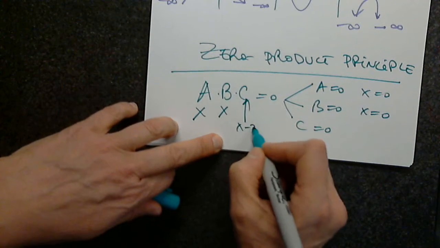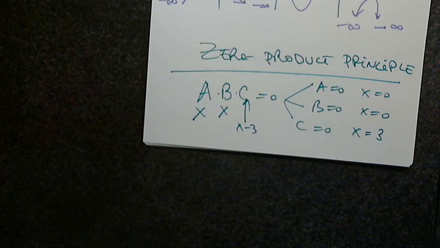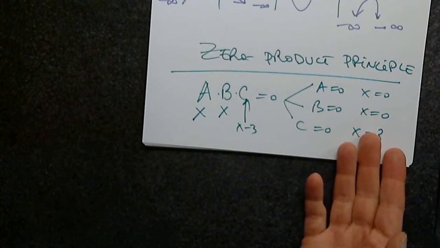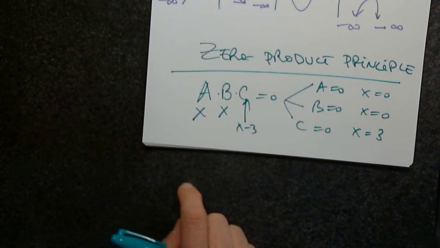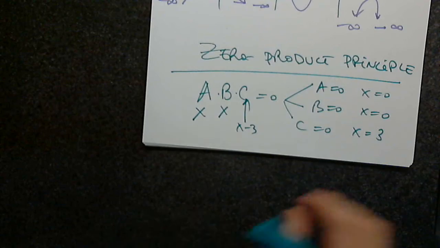This was x minus 3, so I wrote x equals 3. So we got 2 solutions, 0, multiplicity 2. The function will turn there. We got 1 solution, x equals 3. It will have to cross. Better? Yeah, somewhat. Okay.